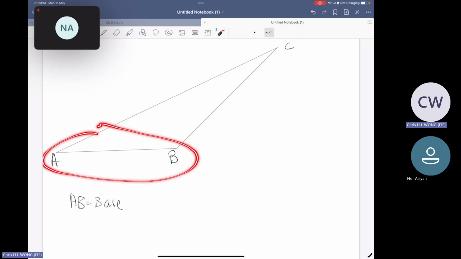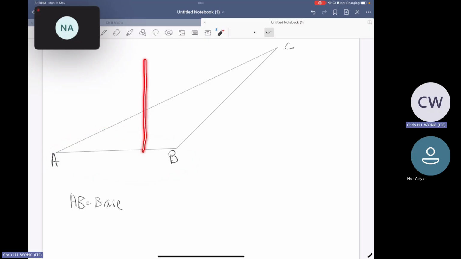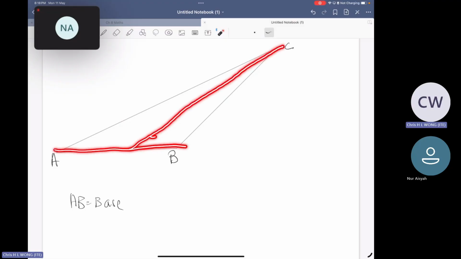If this is the base, you can't draw from here. Where will it end? You might say the height must join to C, oh, this is the height. But if this is the base, it cannot be, because it's not 90 degrees. So this is wrong.